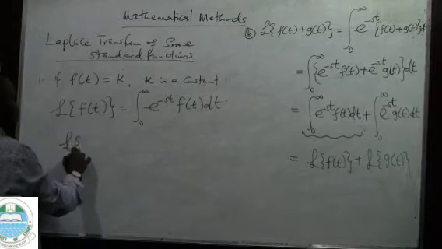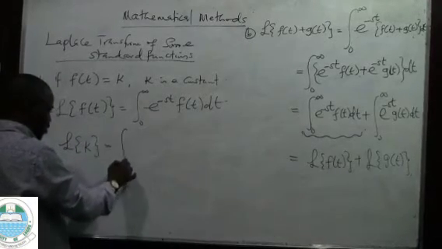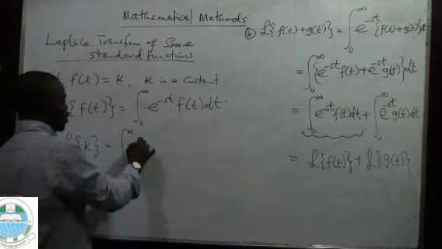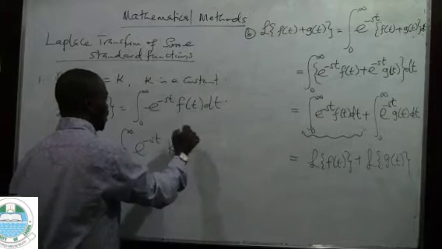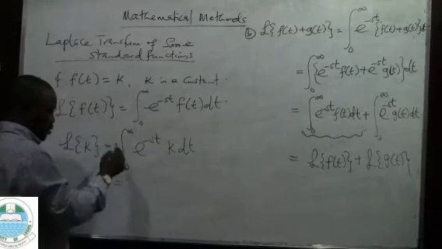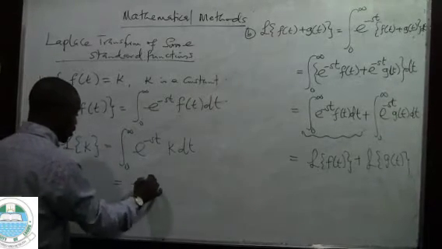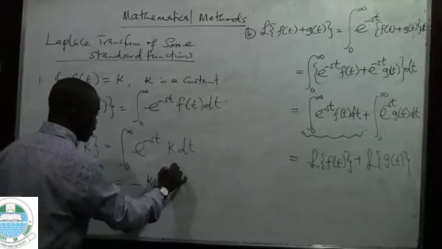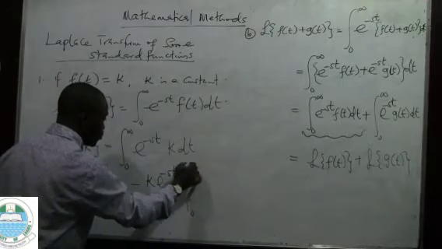Now we have Laplace of k, which is a constant, and that becomes the integral from 0 to infinity of e raised by minus st k dt. Let us now integrate this. Integration by substitution, we are going to have minus k exponential minus st divided by s between 0 and infinity.